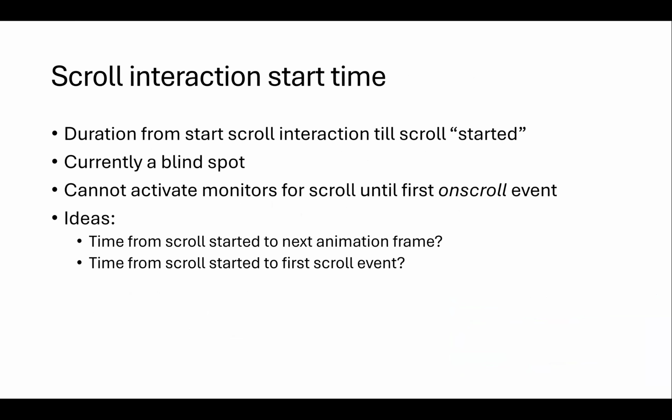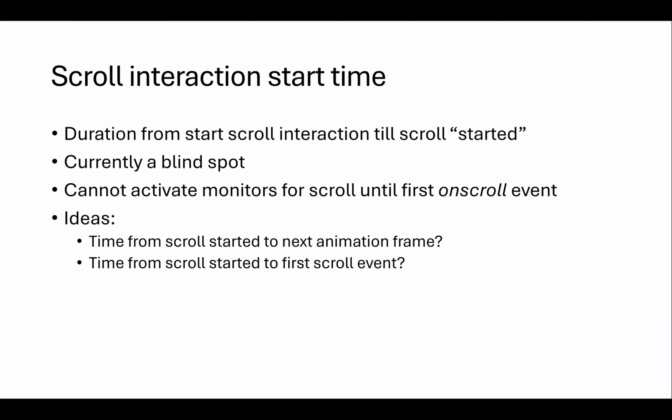Scroll interaction start time, that's something that we discussed in the past in this group. How do we measure the latency from the interaction that initiates a scroll until the scroll actually starts? Currently, the only indication we get is the on-scroll event, which can happen sometimes much later than the actual interaction.